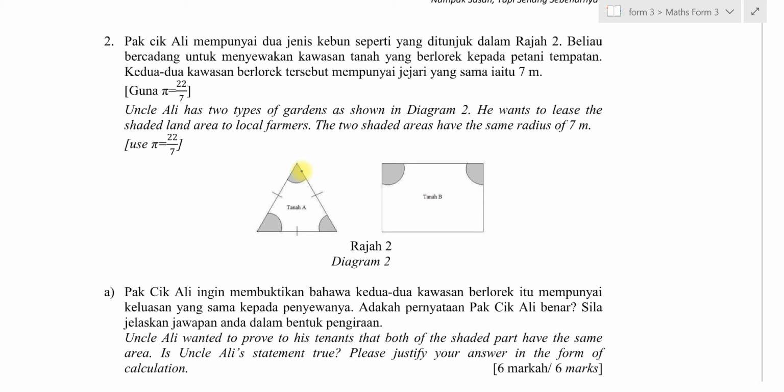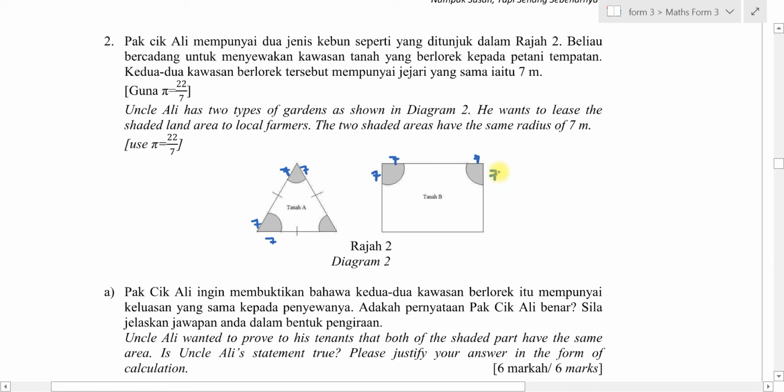Okay. The shaded area, he want to lease the shaded land area to the local farmer. The two shaded area have the same radius 7 meter. Meaning 7, 7. All the radius is 7. This one 7, this one 7.